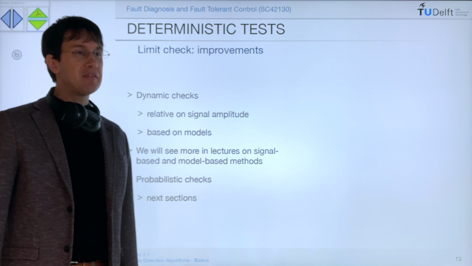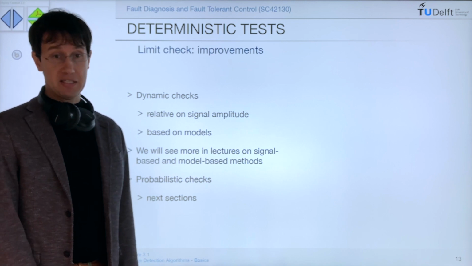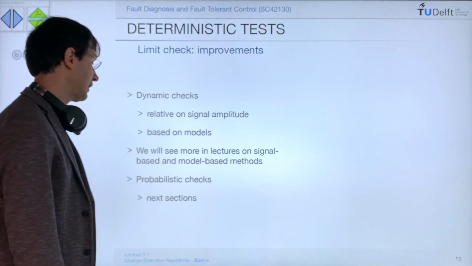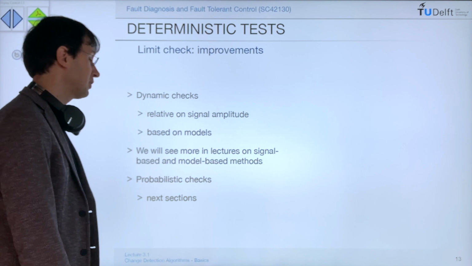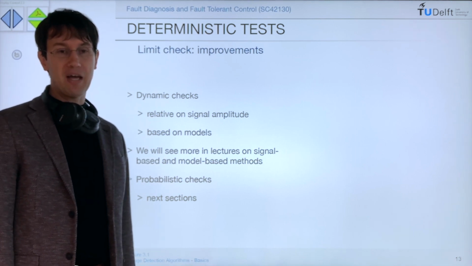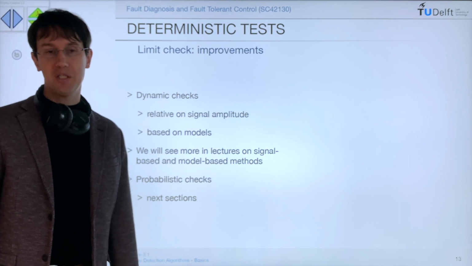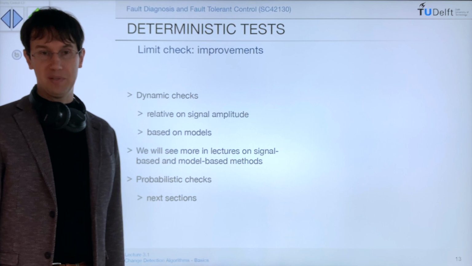So we see that even in this formulation, limit checking in the end is quite flexible, but there are ways to improve it. We can combine it further with approaches that allow this limit to change over time. And that would be definitely a great improvement.